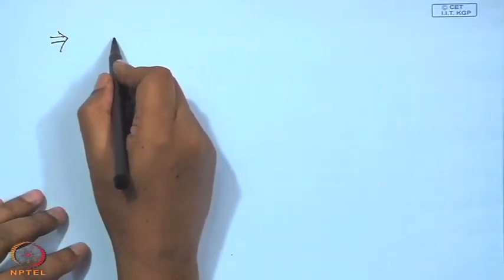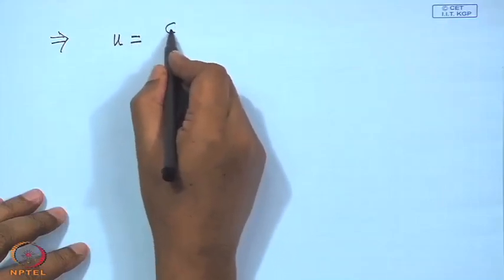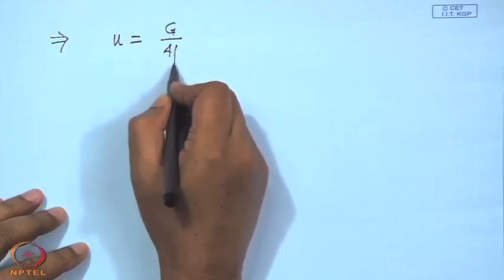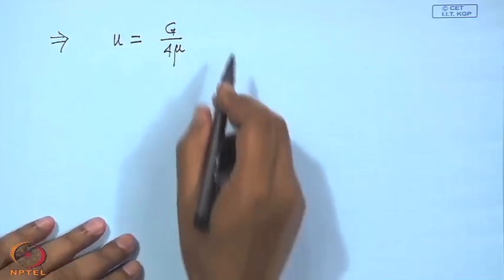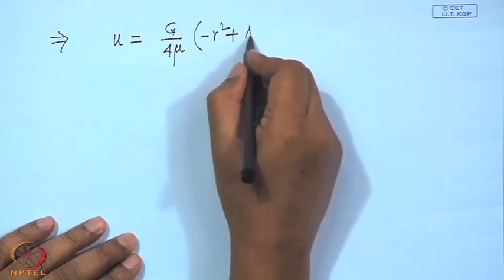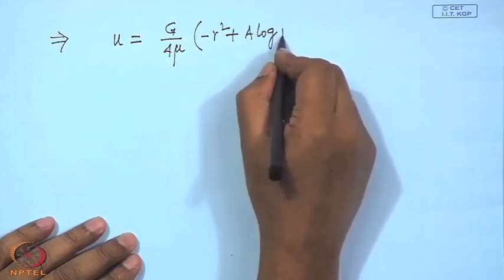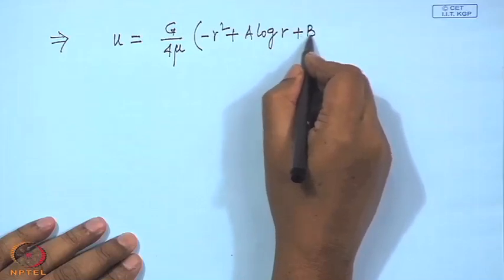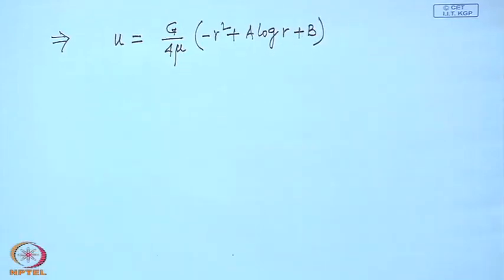If you integrate that equation twice, we will get u equal to G by 4 mu, minus r square, plus A log r, plus B. Those A and B are two constants of integration. Those you have to now find using the boundary condition.